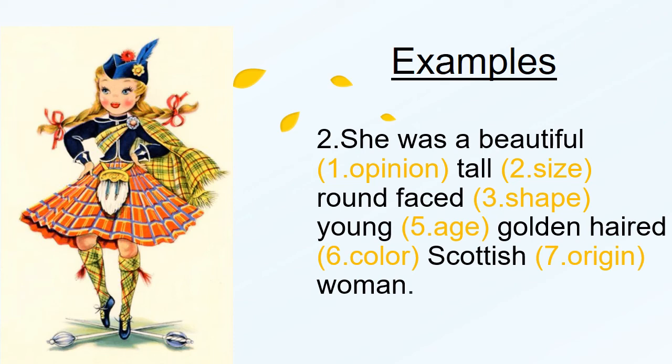Then we have written round faced, that is the shape and takes third place in the order. But look at young, which is the age, and it takes fifth place in the order. But as you can see, there is no adjective of order 4 present in the sentence, so we will write the fifth order at the fourth place. We always do the same for all the orders.